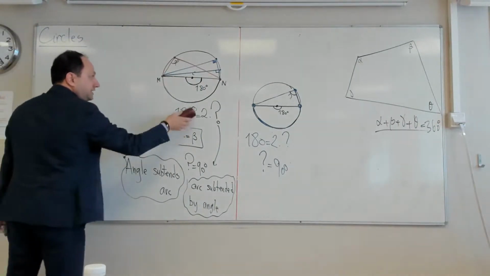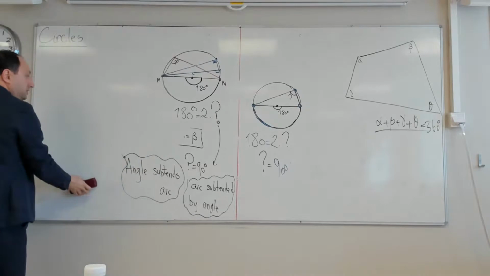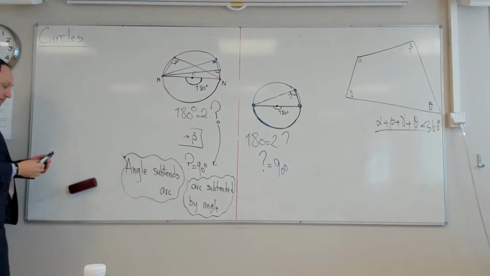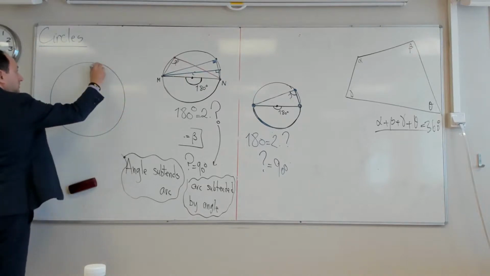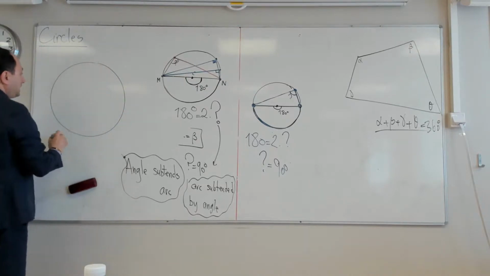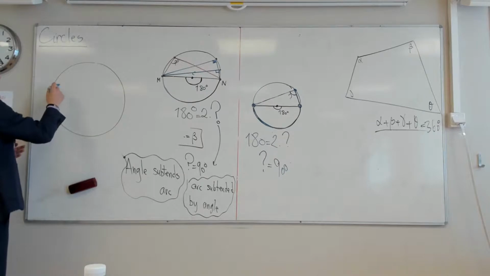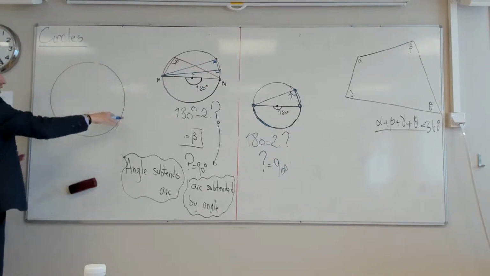But I want to draw the same kind of quadrilateral, but inscribed in a circle. So first I draw a circle. And then I draw a quadrilateral inscribed in the circle. Inscribed means the vertices should lie on the circle.